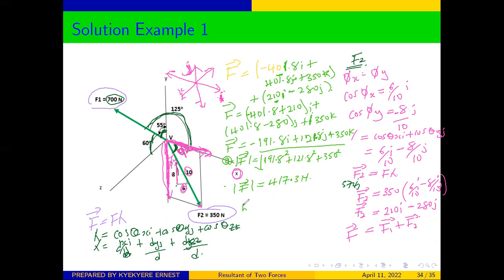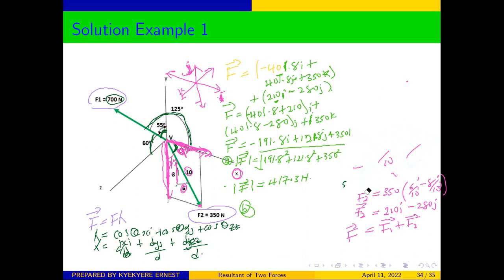So now let's go to the B part of the question, and then we try to find the angle of the resultant force. Don't forget that here, because the object is three-dimensional, the angle of the resultant force is going to make an angle with the x, an angle with the y, and an angle with the z.